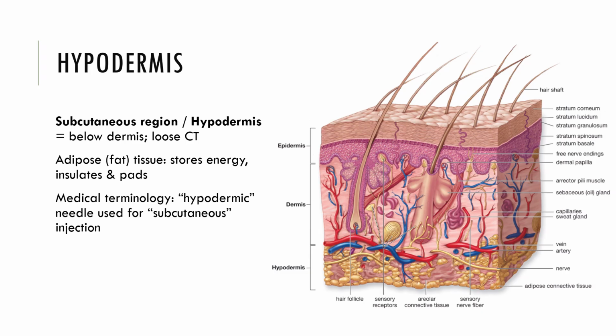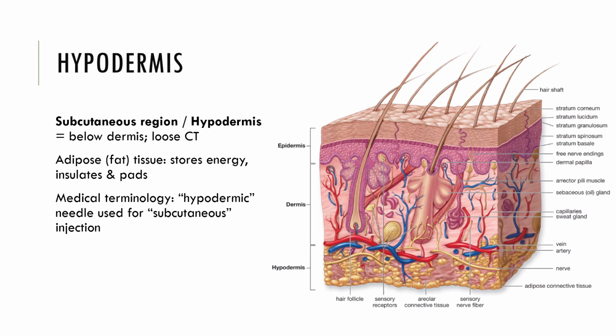Let's talk about the functions of the subcutaneous layer, or the hypodermis. One function is insulation. It helps regulate body temperature by reducing heat loss. Another function is cushioning.